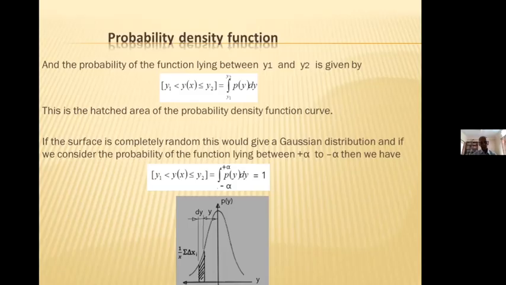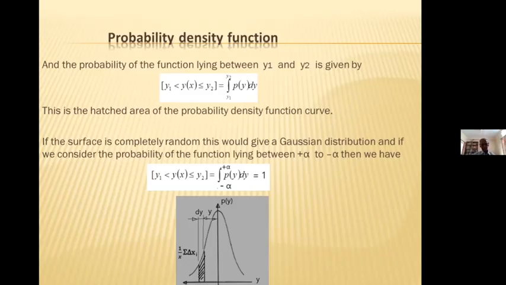Now, if we look at a function, either Gaussian or even non-Gaussian, Gaussian will be only for the completely random surface, and we integrate this probability density function with dy between minus infinity to plus infinity.